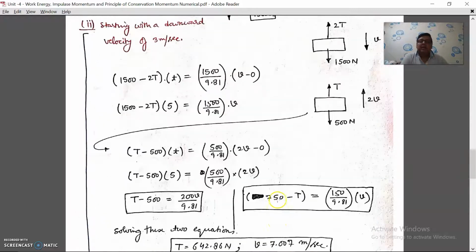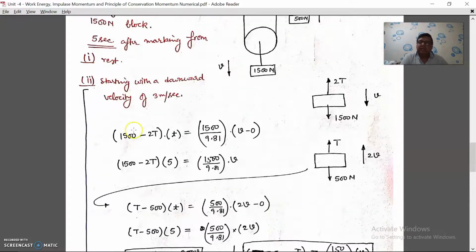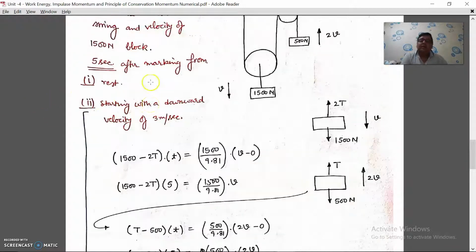Now in the second part we can solve the same numerical. There is not a big deal at all, because in the second numerical he is saying you have to find the velocity of the 1500 Newton block 5 seconds after starting with a downward velocity of 3 meter per second. That means in this case u is given to you, which is 3, and he is asking v after 5 seconds.